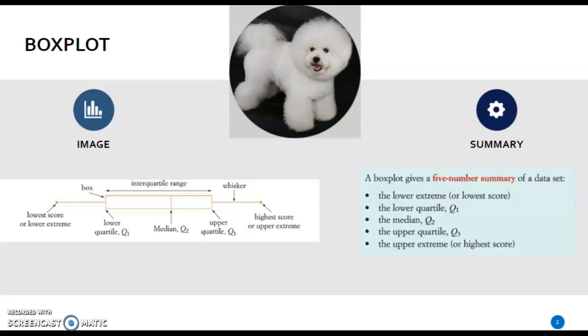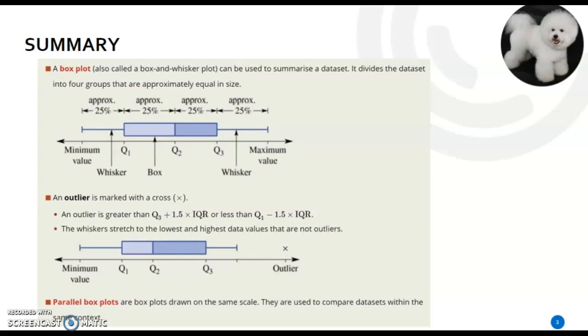From that diagram, it's basically a representation of our 5-number summary, which we did a few lessons ago, if you remember. It shows that you can read the 5 numbers from the graph.